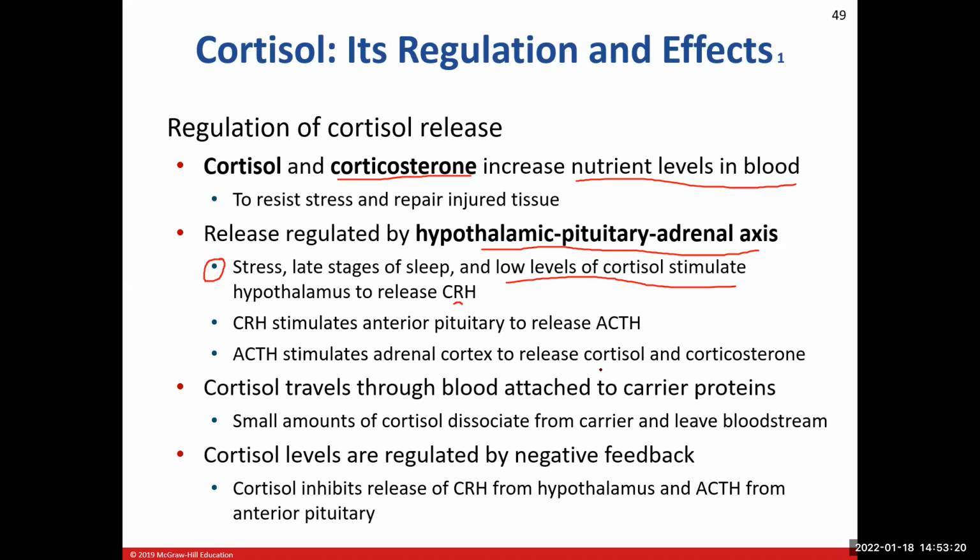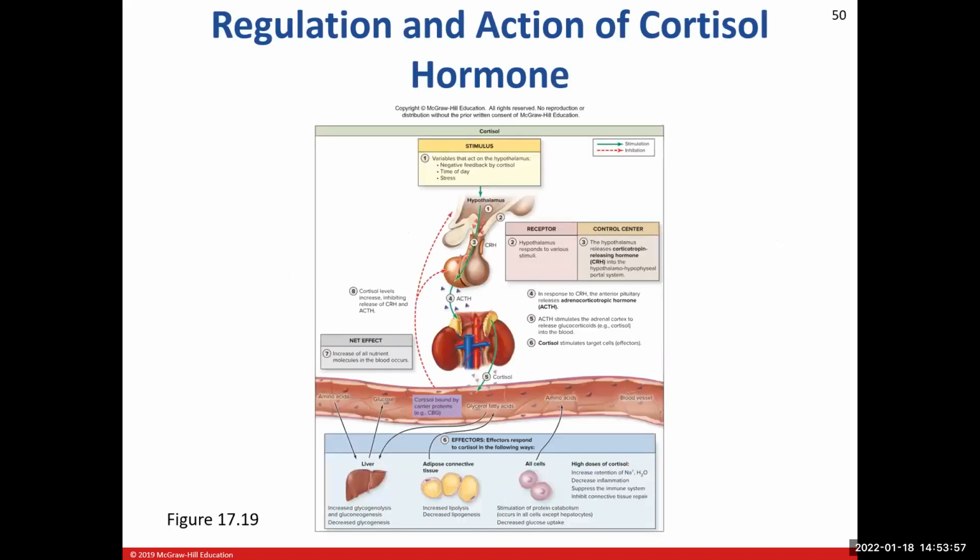ACTH will then stimulate cortisol and corticosterone being released from the adrenal glands. And so cortisol is going to travel through and cause an increase in your blood sugar levels. It will be regulated through negative feedback. Once those blood sugar levels get up to a significant level, we can either have insulin being released or we can stop the release of cortisol. So of course, let's look at our picture here.